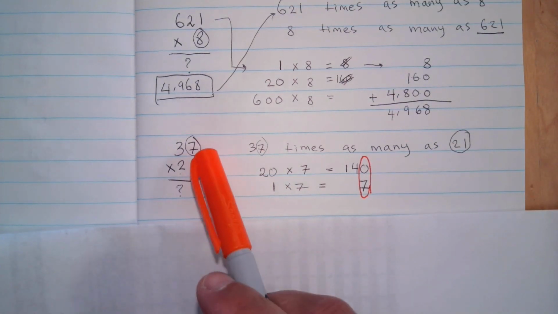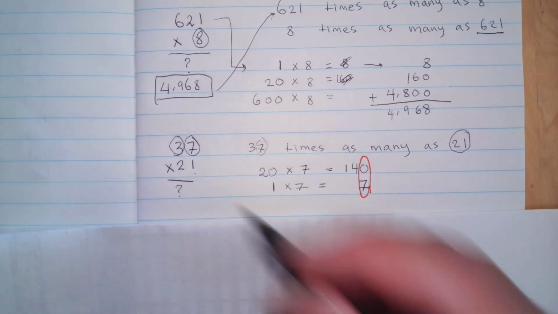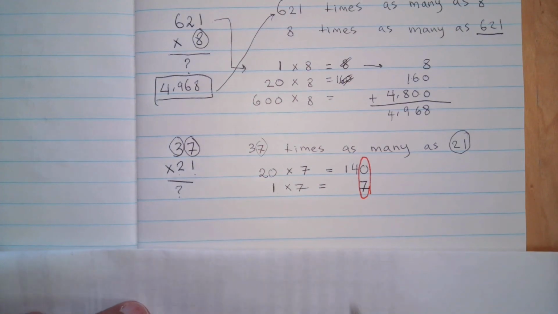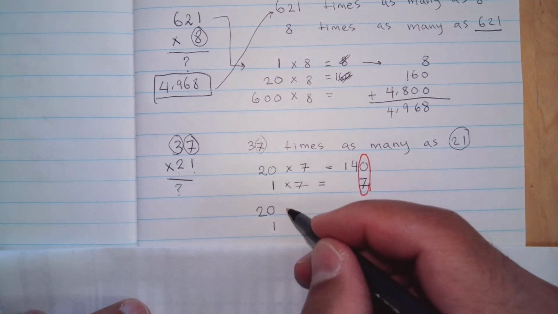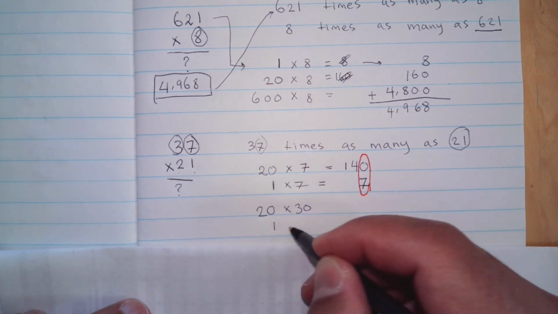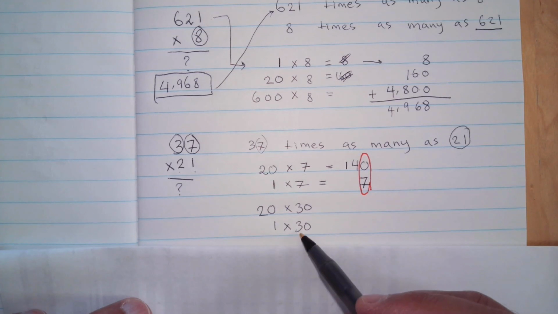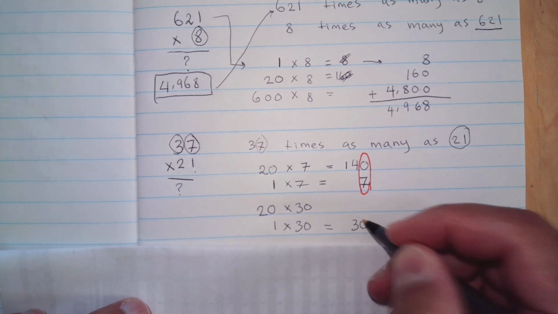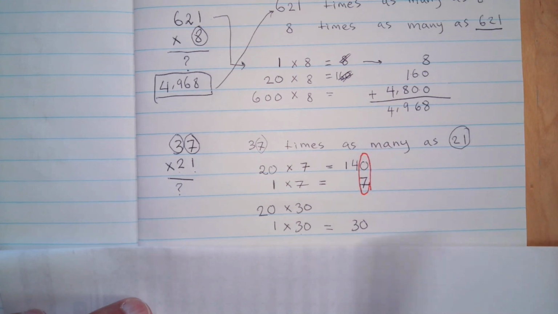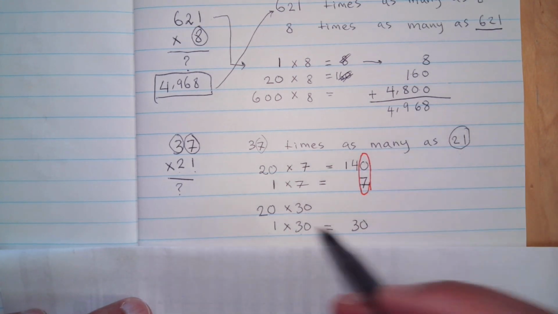So we multiplied by the 7. Now let's multiply by the 30. We need to multiply 21 again by 30 this time. All right, so 30 times 1, that's easy. That's just 30. And I'm lining up my digits. The 0 goes with the ones and the 3 goes with the tens.